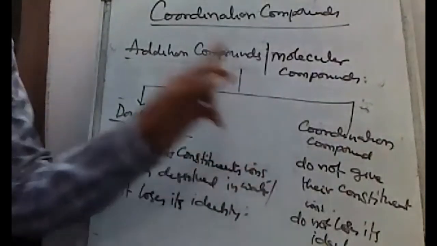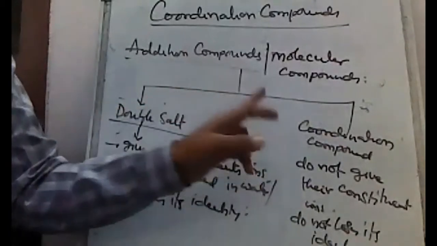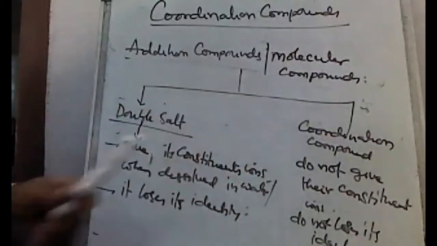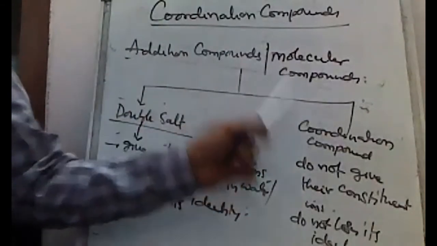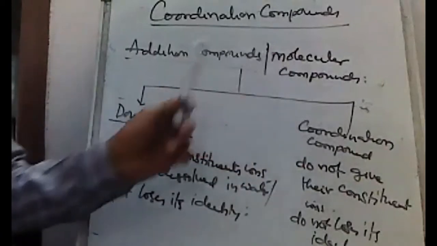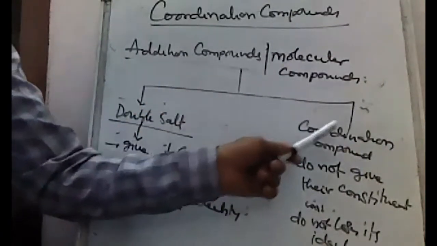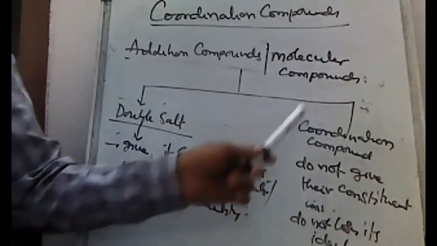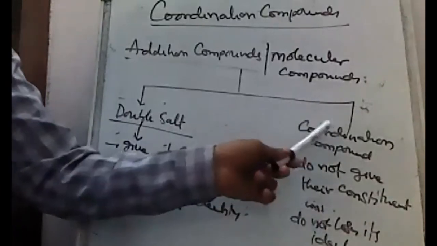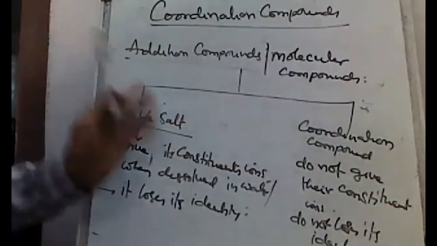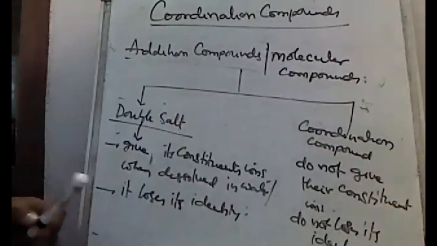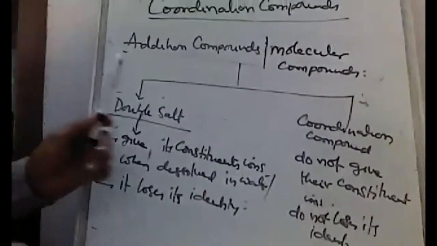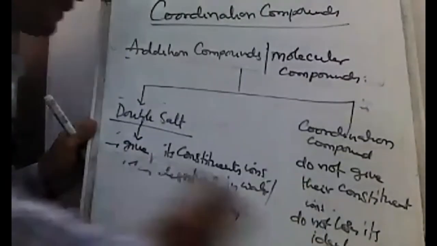Whereas coordination compound, in solid form or in solution form, exists as a coordination compound. Once it forms a coordination compound when two or more simple salts are mixed, even in solid form or solution form, it exists as a coordination compound only. That's the simple point: it doesn't lose its identity when dissolved in water or in any ionic solvent.